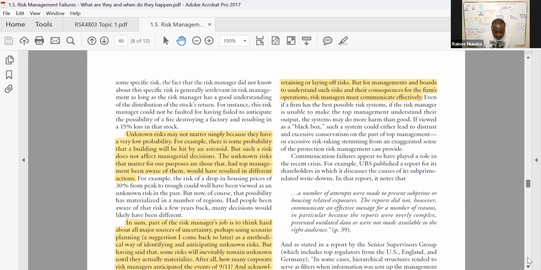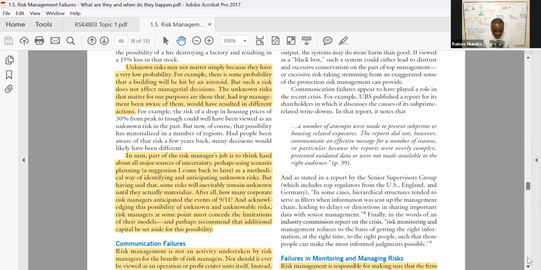The unknown risks that matter for our purpose are those that, had top management been aware of them, would have resulted in different actions. So in sum, part of the risk manager's job is to think hard about all major sources of uncertainty, perhaps using scenario planning as a methodical way of identifying and anticipating unknown risks.